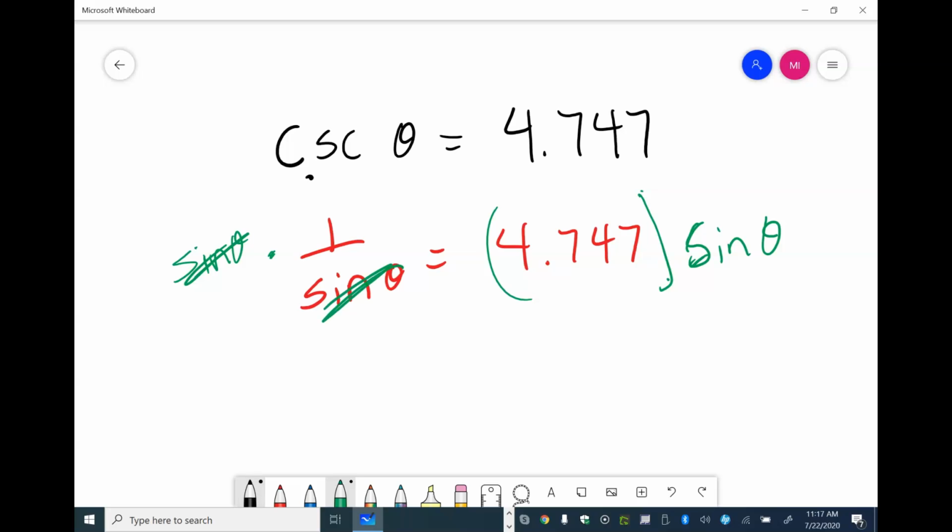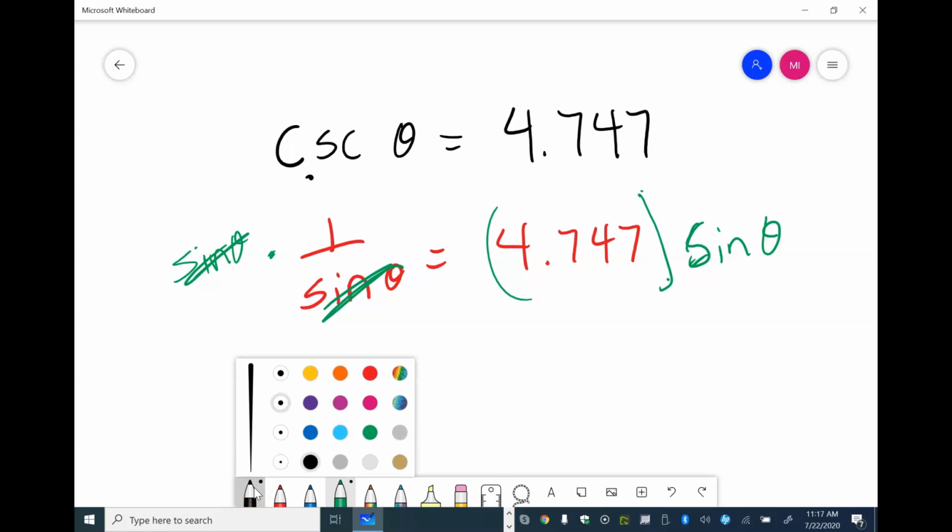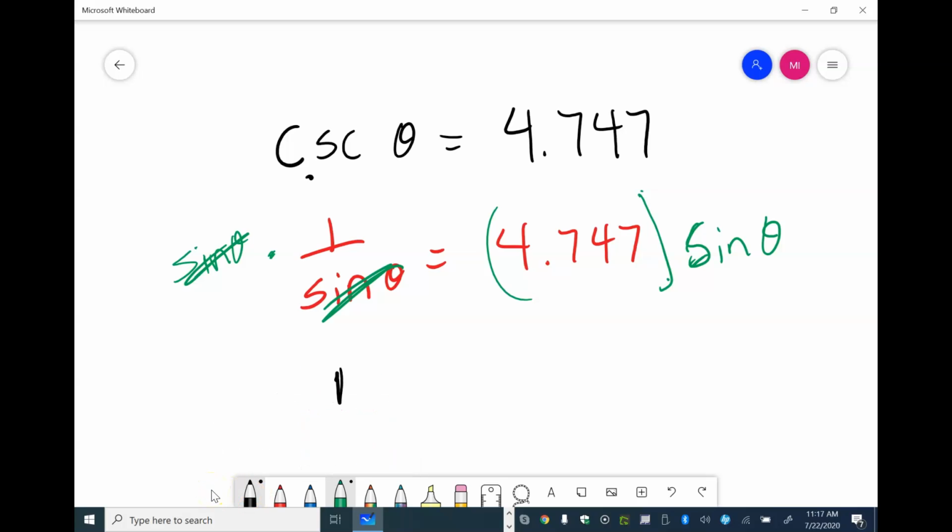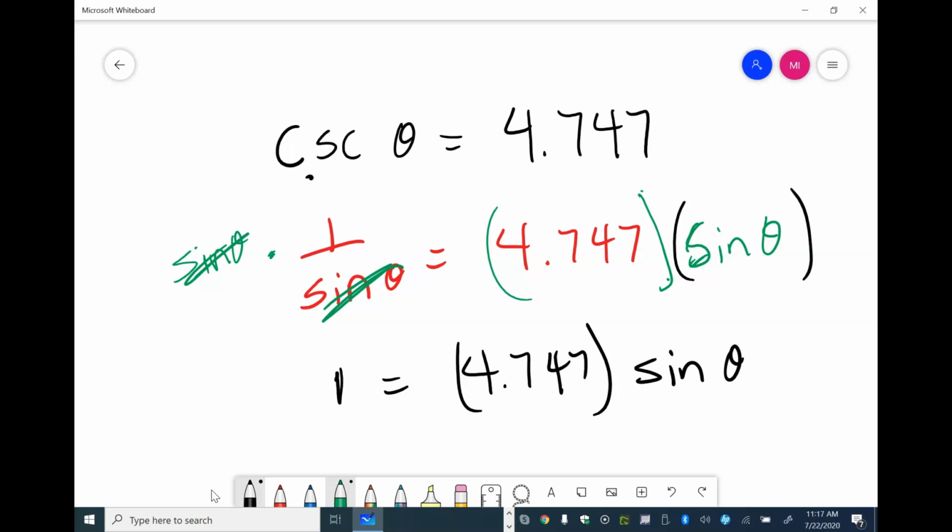So over here we're just left with 1, and then we have these multiplied together. It doesn't really matter, you can just leave it like it is: 4.747 times sine theta.